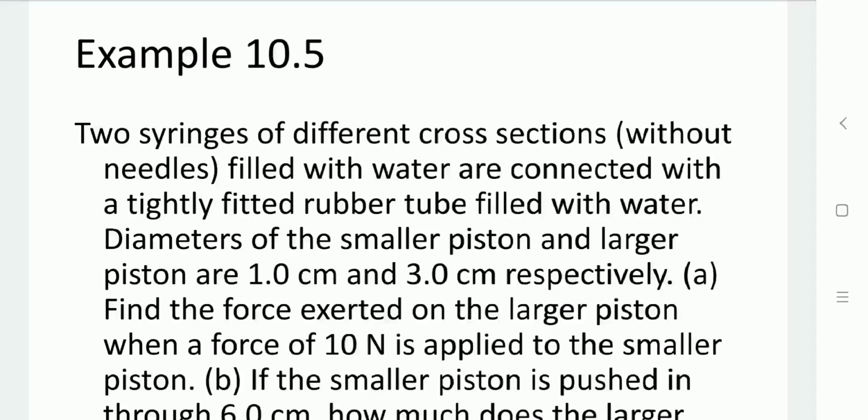First, find the force exerted on the larger piston when a force of 10 Newton is applied to the smaller piston. And second, if the smaller piston is pushed in through 6 cm, how much does the larger piston move out?